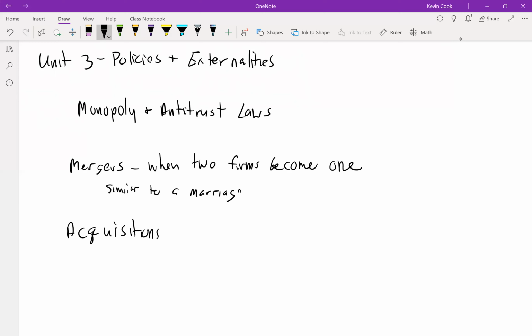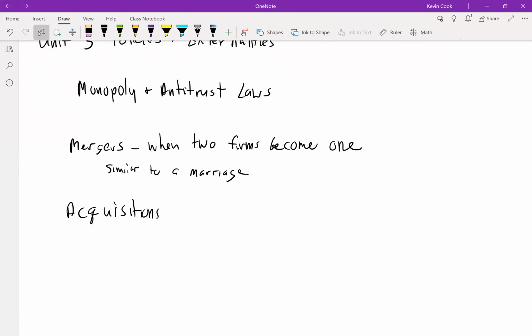Right. So if you get married, you have two people, they come together, and at least from the IRS's perspective, they become one person. That is a merger. On the acquisition side of things, we have when one firm actually purchases another. So just like if I go out and I purchase a computer, I purchase a new car, I purchase a Mountain Dew or whatever it is I decide to purchase, I acquire that good.